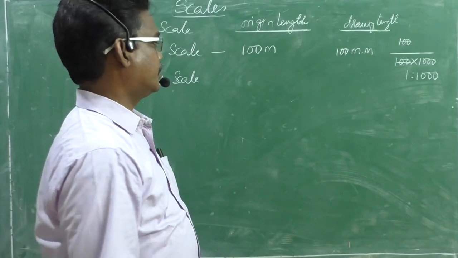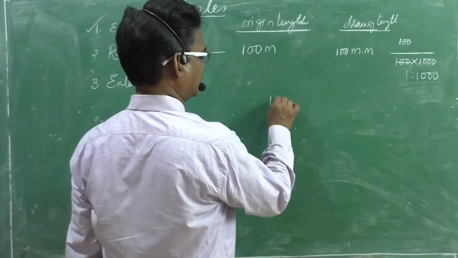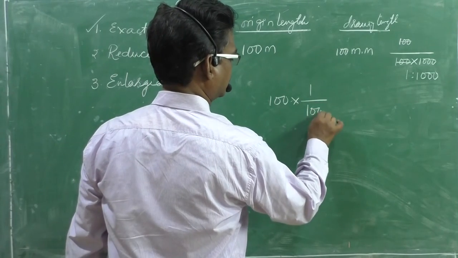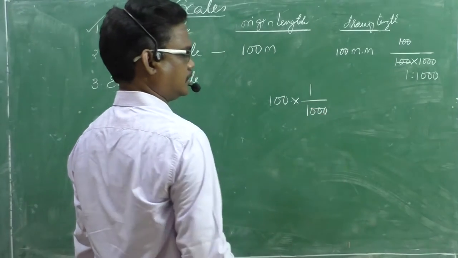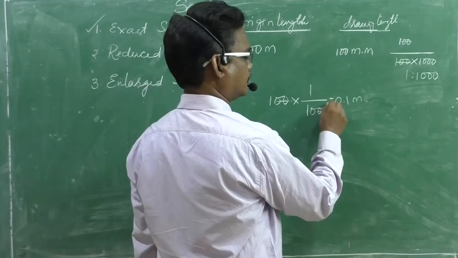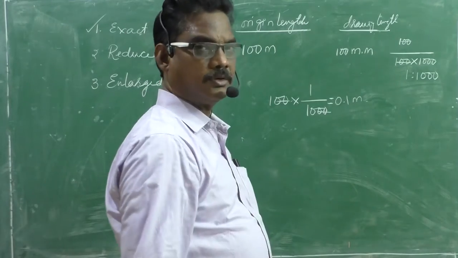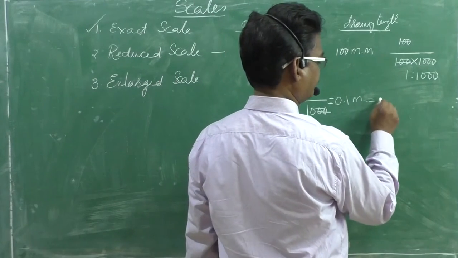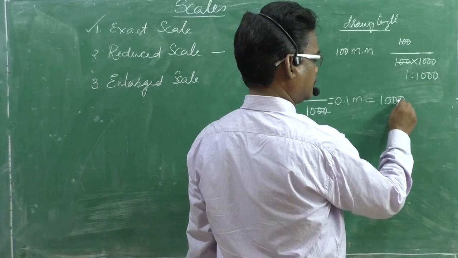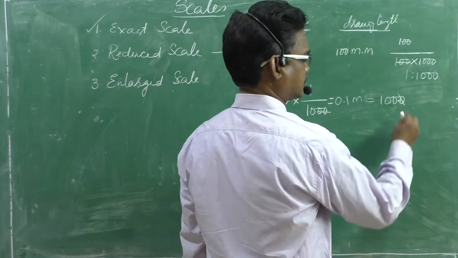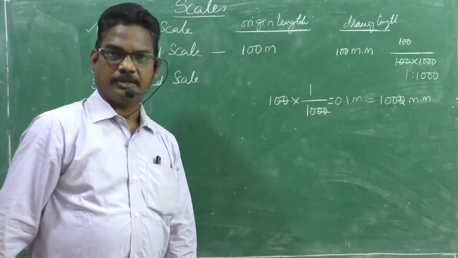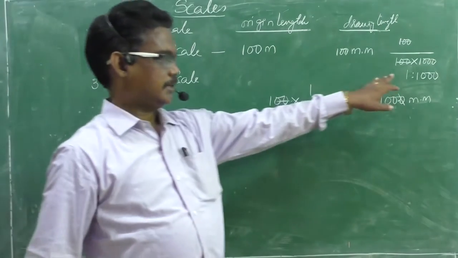That means, if you consider 100 into 1/1000, and 1 meter equal to 1000 mm, therefore this is cancelled and we get 100 mm. Here we got the scale factor.